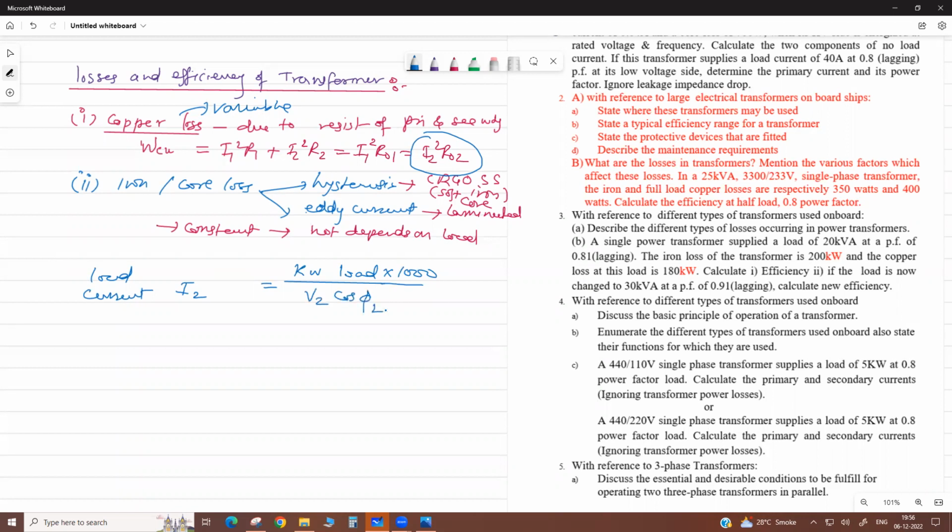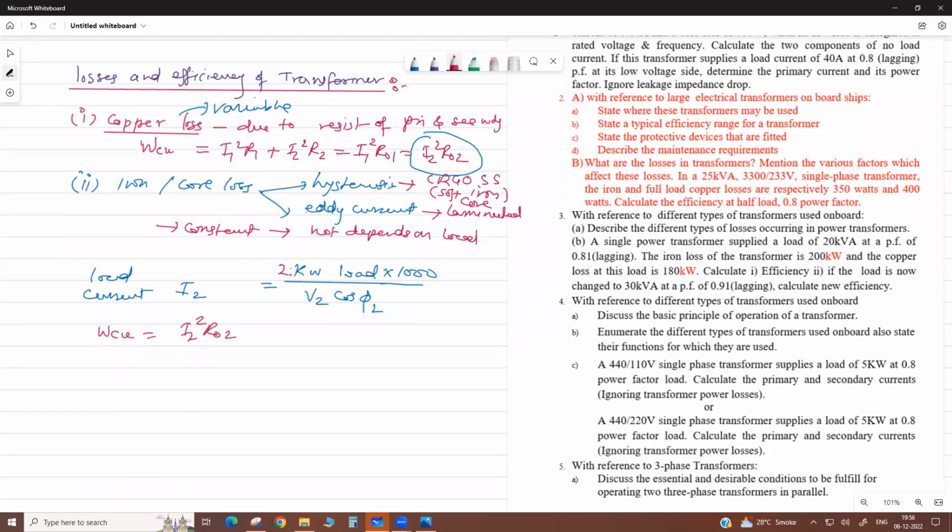If the kilowatt load is increased, your load current is increased. If the load is decreased, the load current is decreased. Now suppose the load is double, then the current is double, and the copper loss will be the square of this current.